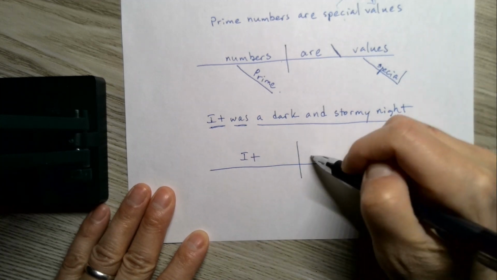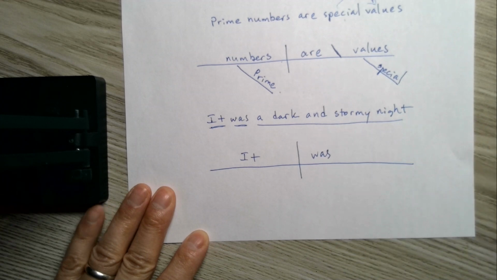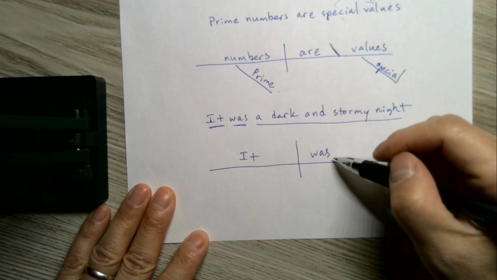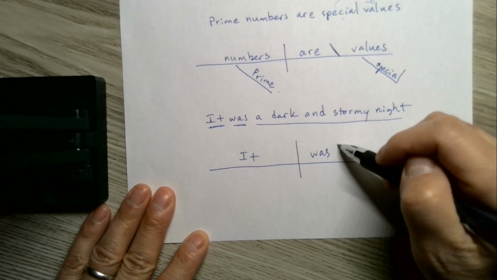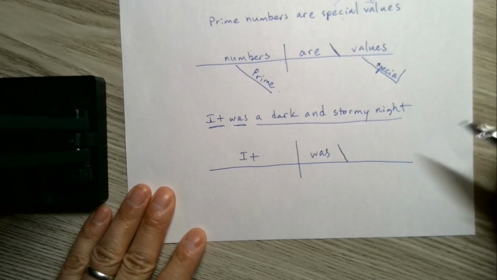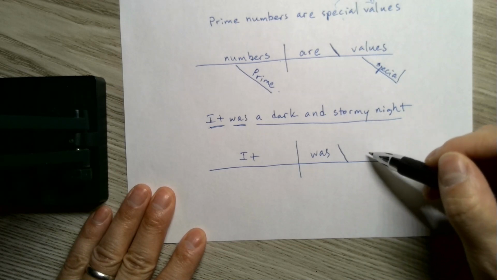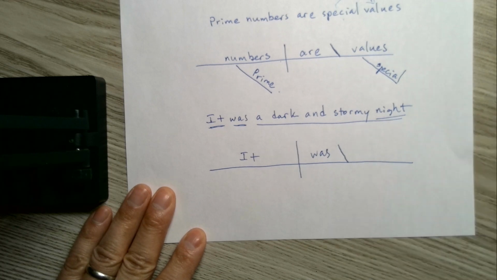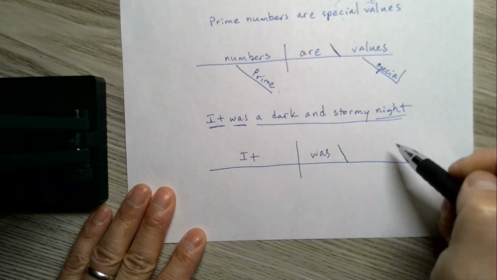And then the verb is was, and then everything else is after was. It's a to be verb, so I'm going to follow it up with that. And then after was comes the predicate nominative, which in this case is night. It was night.